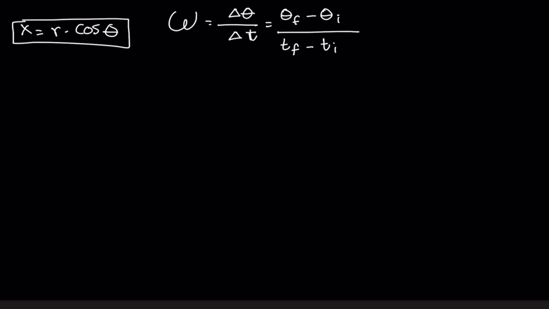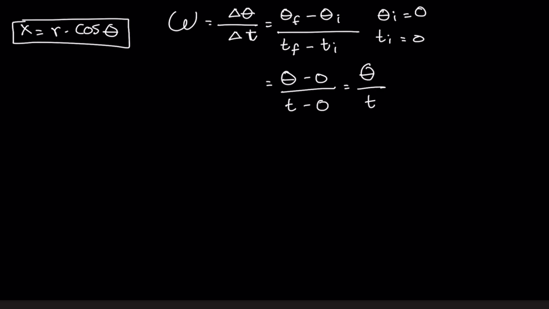If we use circular motion, then the initial angle would be 0 as well as the initial time. So it becomes theta minus 0 divided by time minus 0, which is equal to theta divided by time.